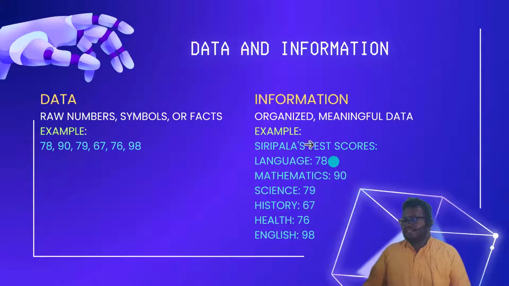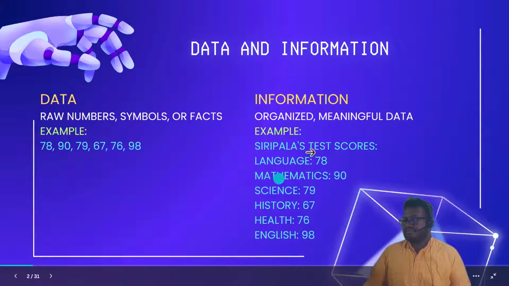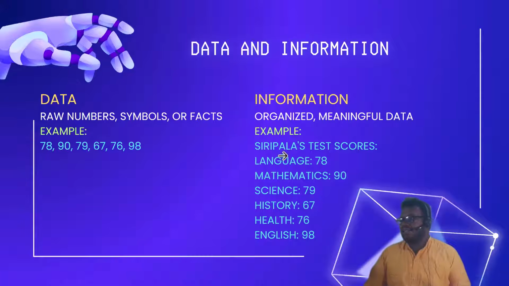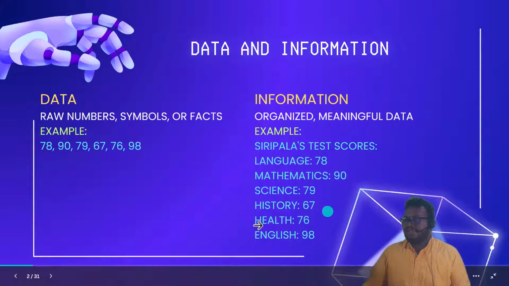Then I will show this example, and I say this is Siripala's test scores. Suddenly you see these numbers have meaning, right? Siripala's test scores. And you see English has 98 marks and history is 67.